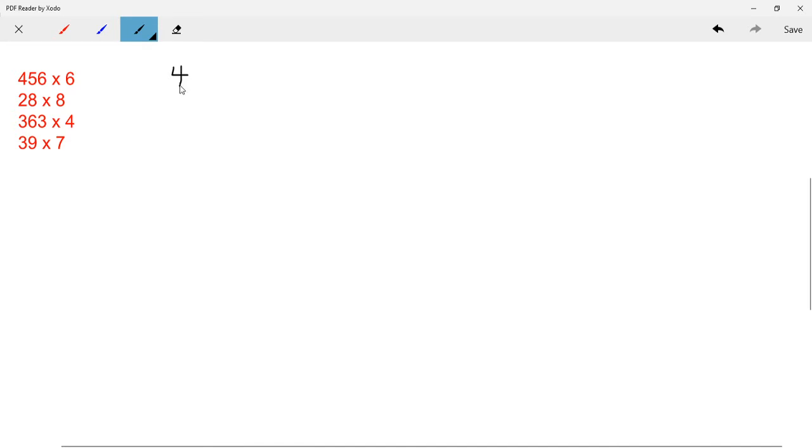It actually starts off with separating the number with more digits into expanded form, and then basically we multiply 6 by all of these.